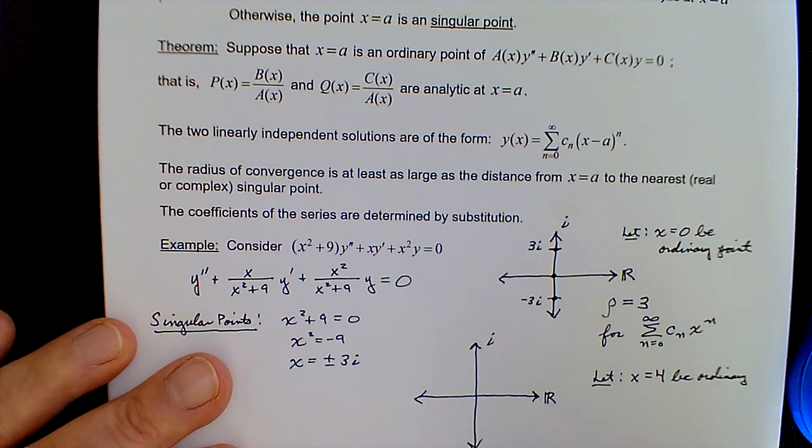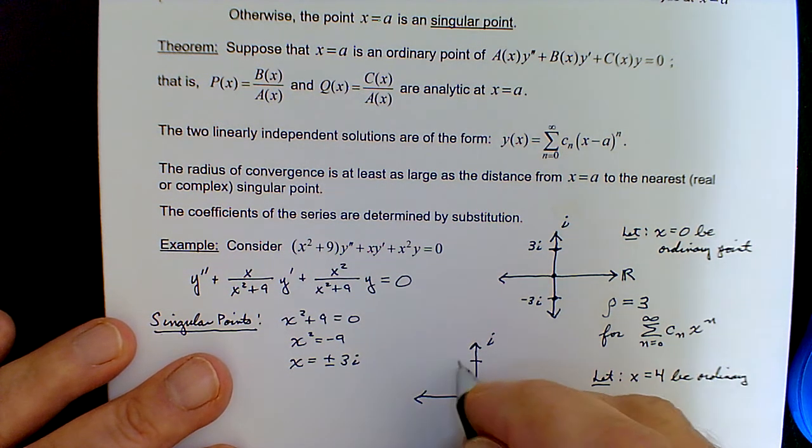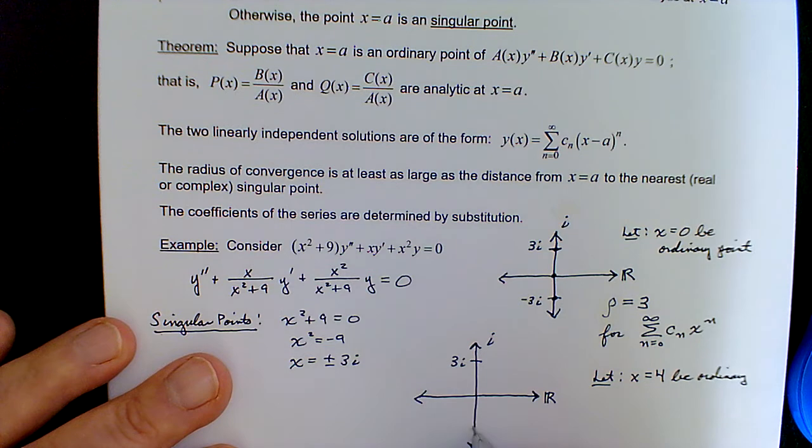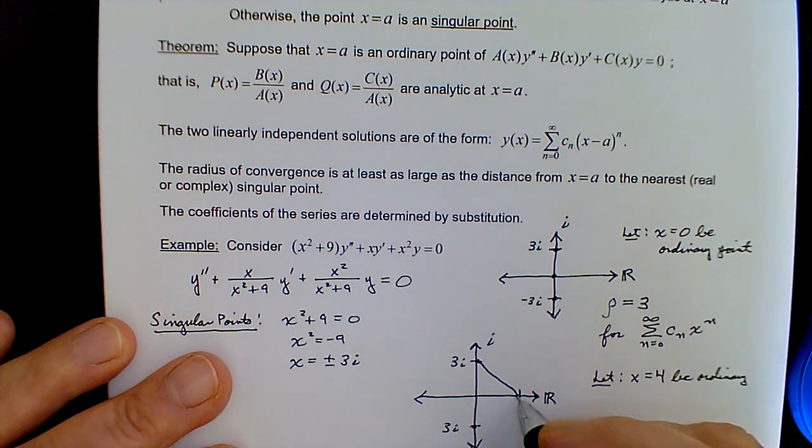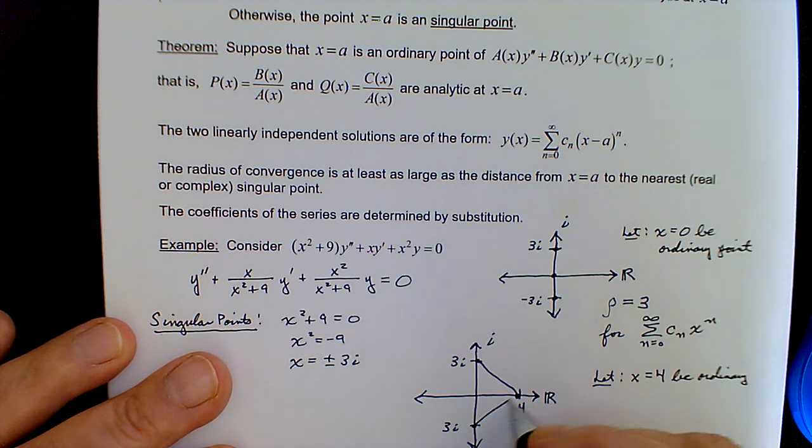Well, if x equals 4 is the ordinary point, and we've got 3i here and negative 3i here, and that's 4, then the distance between the ordinary and the singular is going to be 5 units, because this is 3, this is 4, that's a 3, 4, 5 right triangle.